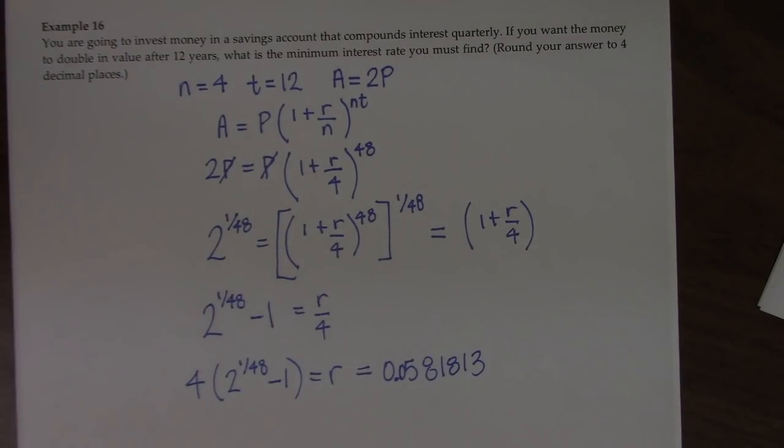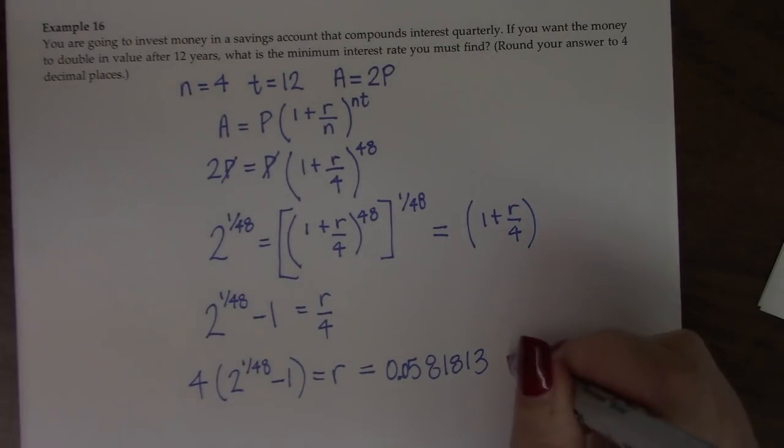So I'm going to round to 4 decimal places, but this problem did not specify the units of r. So we could leave the rate in decimal form, or they could ask us to convert to a percentage. If we leave the rate in decimal form and count to 4 decimal places, we have 1, 2, 3, 4. The next digit is an 8, so we would round up.